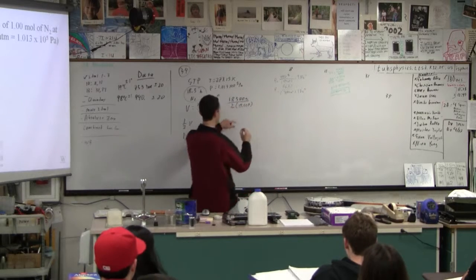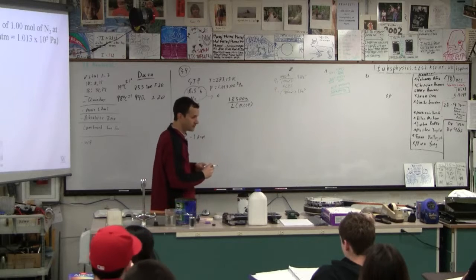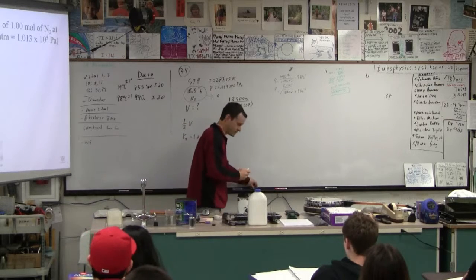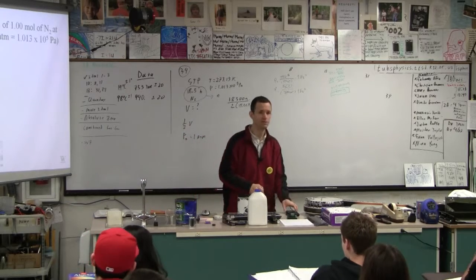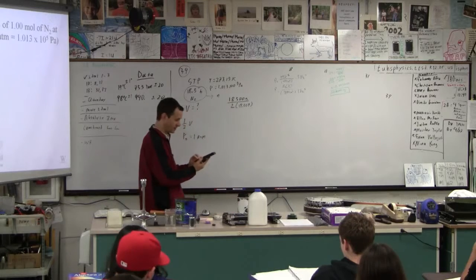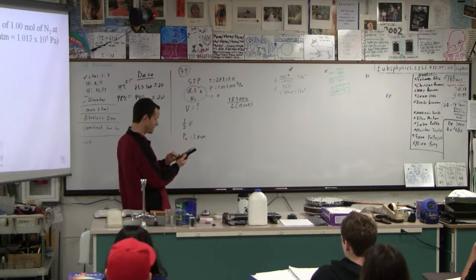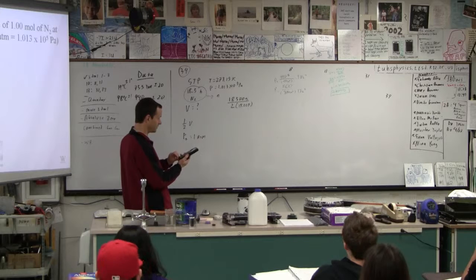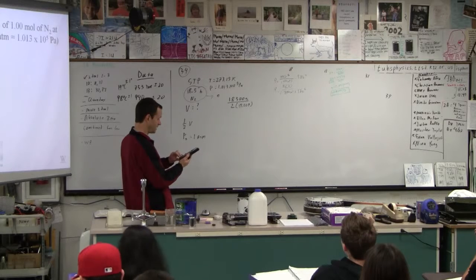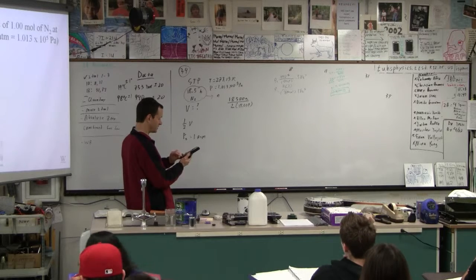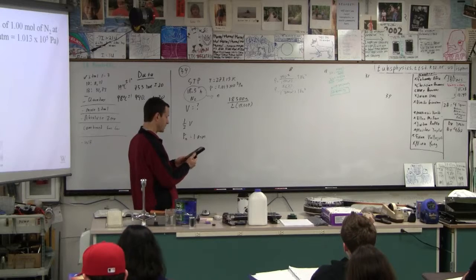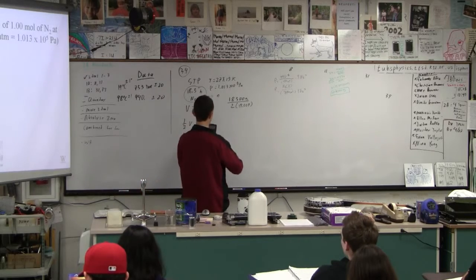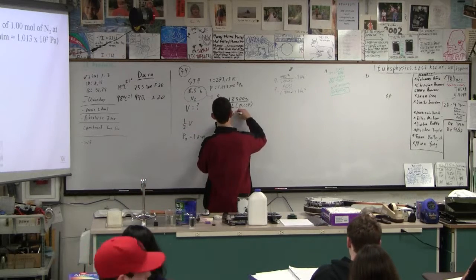Does the 2 here count for sig figs? No, it's exactly 2. It's an exact number, so it doesn't count. So 18,500 divided by 2 divided by 14.007. And I'm getting that that's 660.38 moles.